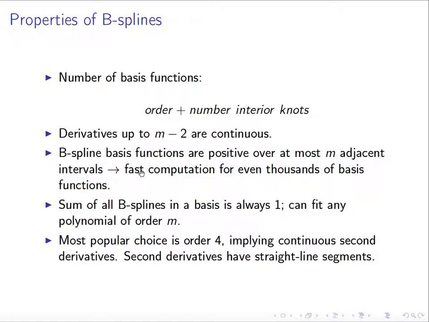This is called the compact support property of B-splines. This enables fast computation, because one B-spline basis function is zero at most time points, and positive only over at most m adjacent intervals.